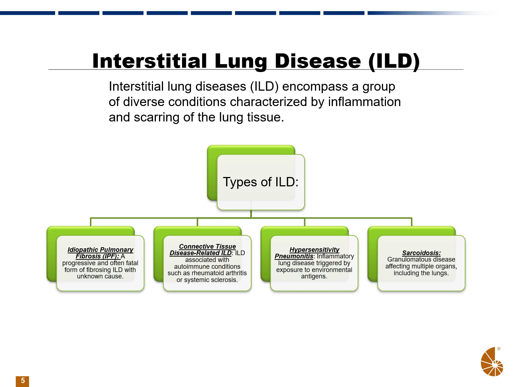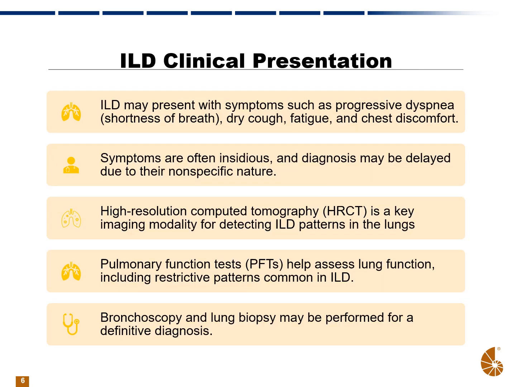Then connective tissue diseases can cause interstitial lung disease, like rheumatoid arthritis or systemic sclerosis. Hypersensitivity pneumonitis is inflammatory lung disease triggered by exposure to environmental antigens. We're going to talk about that. And then sarcoidosis, which is a granulomatous disease affecting multiple organs, including the lungs. We can also lump that into a type of interstitial lung disease as well.